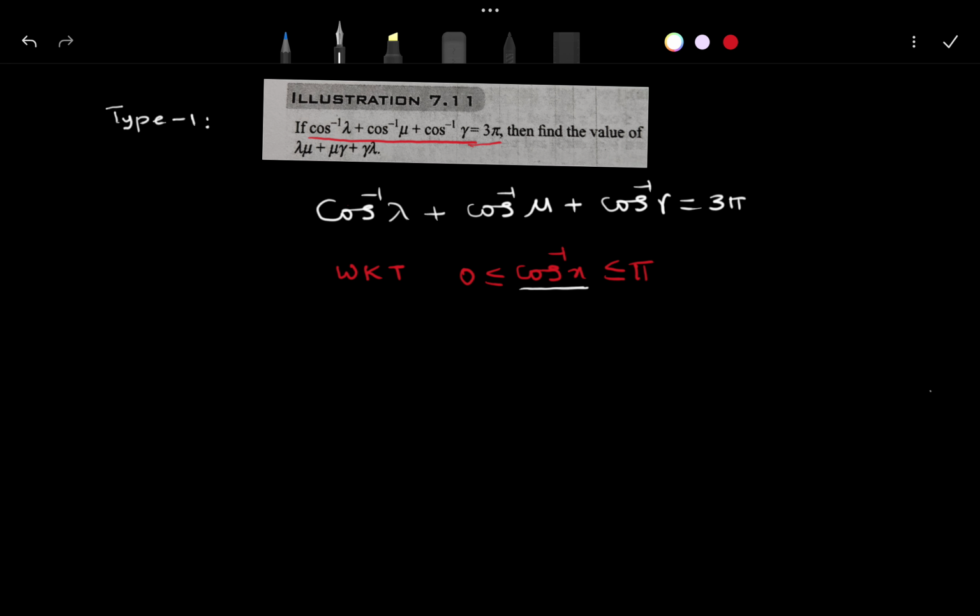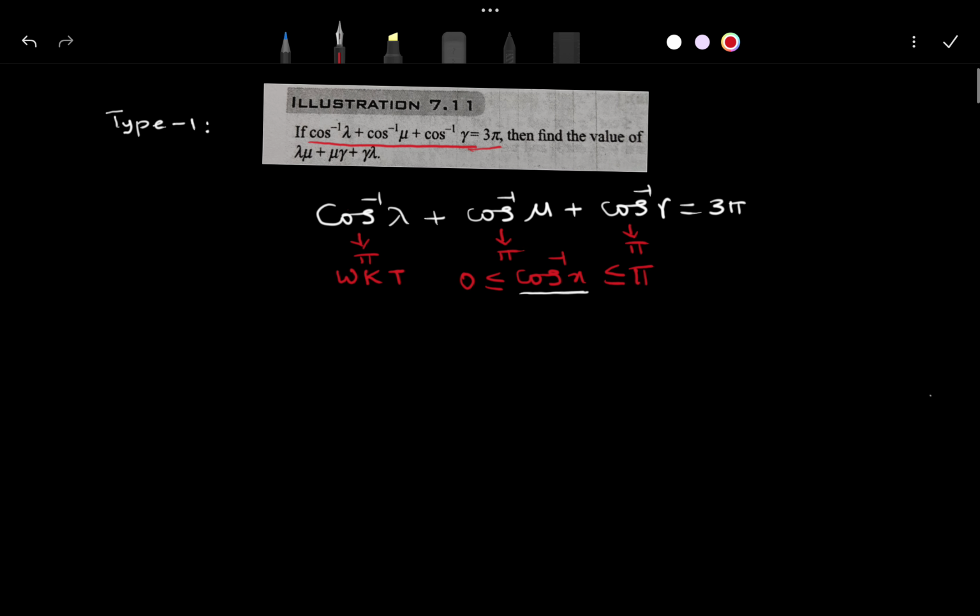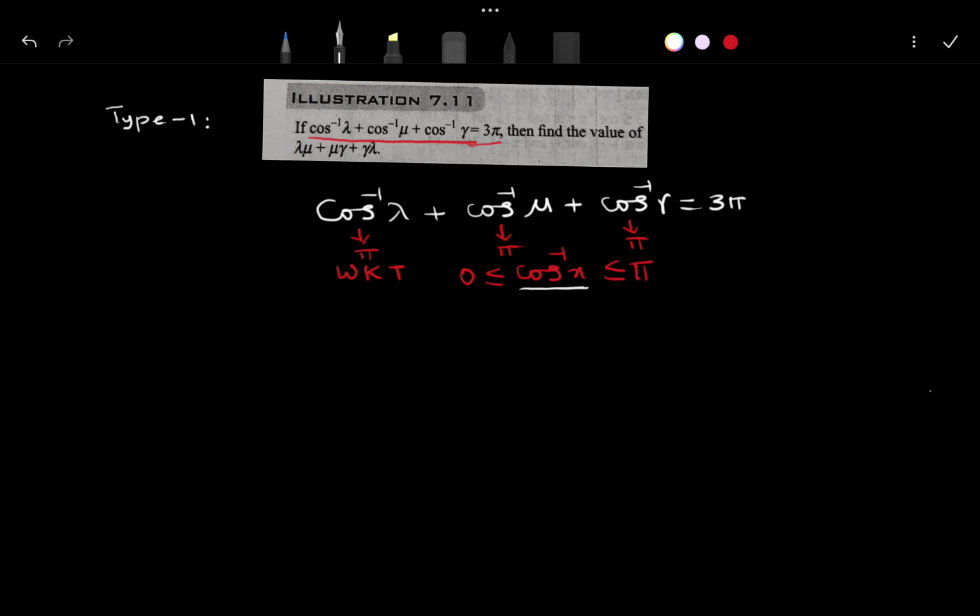Here, I will consider cos inverse lambda as pi, cos inverse mu also pi, and cos inverse gamma also pi, right? Now pi plus pi plus pi is equal to what? 3 pi.